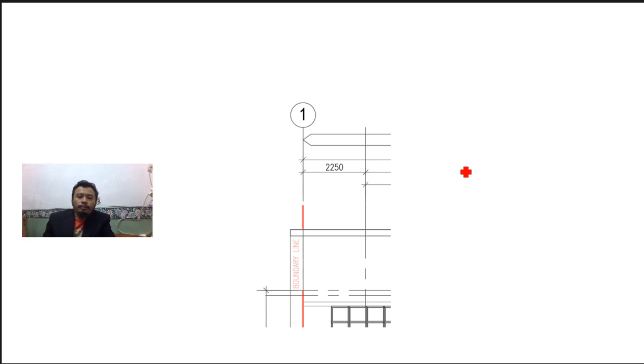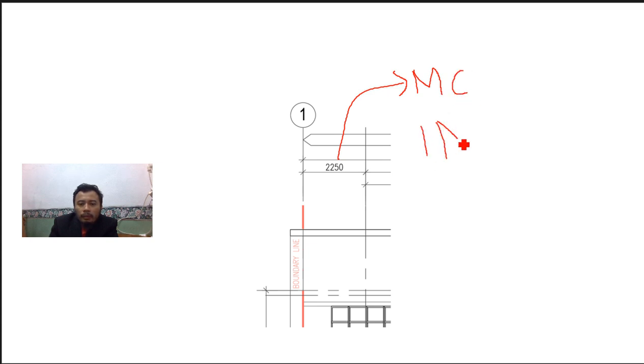So before we end this slide, let's try this dimension, which is part of the drawings of a shop lot. You can see here from grid line 1 this dimension is 2250. If you convert this into modular coordination, MC, as we talked about before, 1 M is equal to 100 mm.